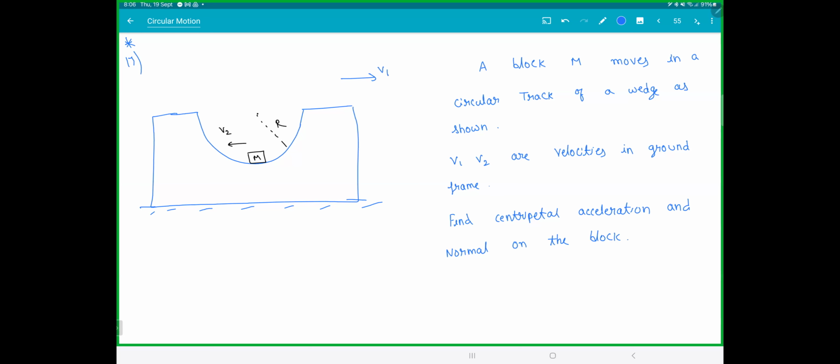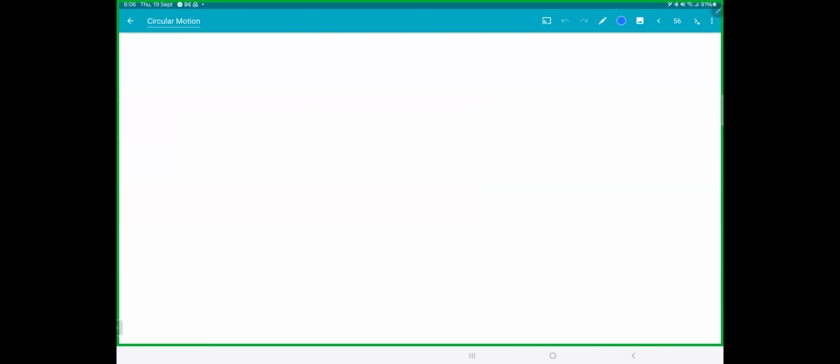Now listen, let me tell you one thing. When you're writing the formula, a centripetal is V square by R. What is V? V tangential, isn't it? Now tell me one thing. When this block is going like this, if a person is standing on the ground, do you think he will think this is going in a circle?